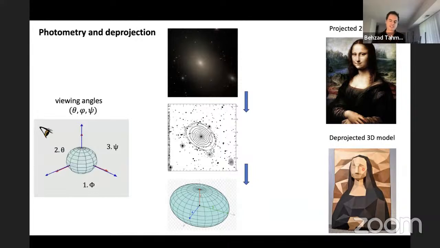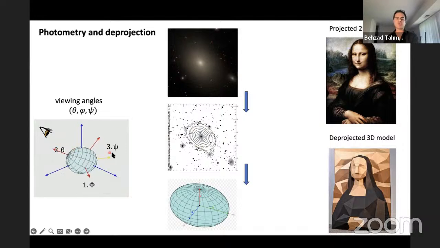So the first step for dynamical modeling is to make a gravitational potential, right? And for making the gravitational potential, we need to estimate the 3D density of the stellar system, like the galaxy. So we have a 2D projected image. We can first fit the 2D surface density using, for example, what we are using, multi-Gaussian expansion, to describe the 2D surface density.